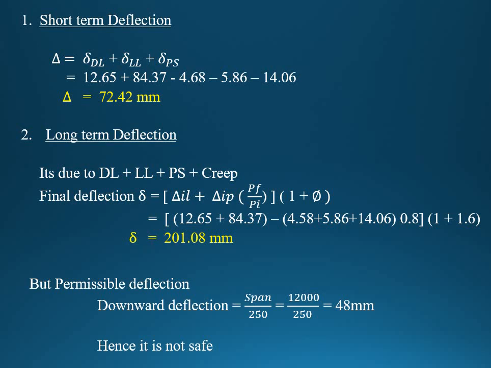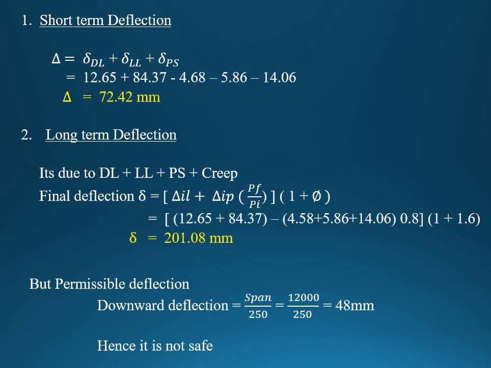If the deflection was minus 201.08 mm, because of the sign we would have considered the upward deflection formula. Now it is a positive sign, so we should consider the downward deflection equal to span by 250, that is, the complete length of the span, 12,000 by 250, and we will get 48 mm.